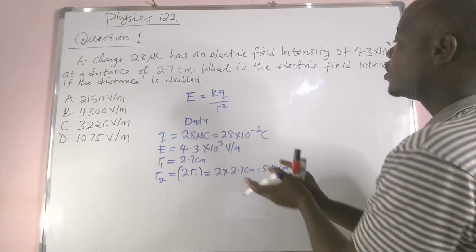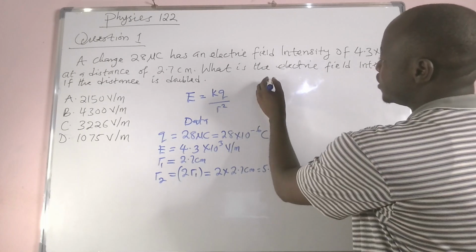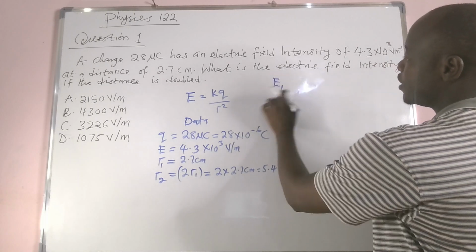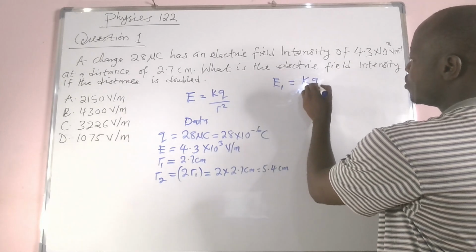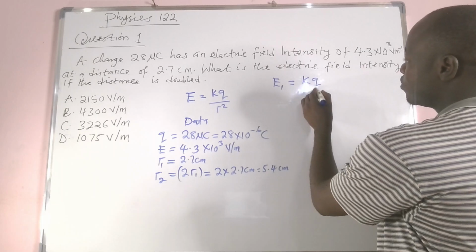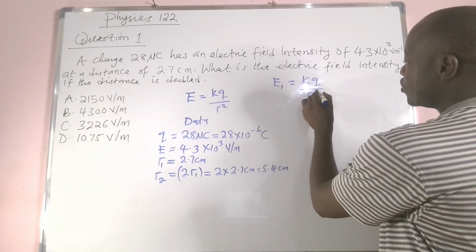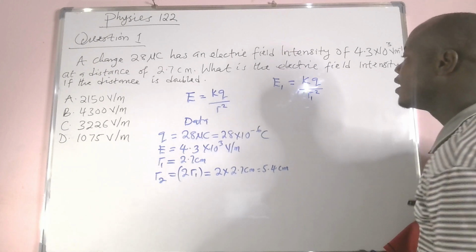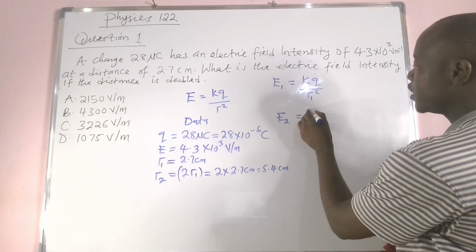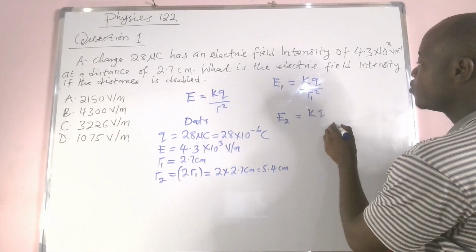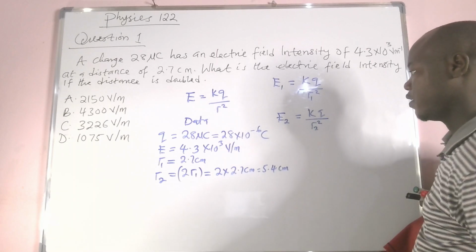If you look at the question, we are trying to get electric field intensity. So remember, ladies and gentlemen, electric field intensity E1 is the same thing as K Q all over R1 square. And for the electric field intensity 2, E2 is equal to K Q all over R2 square.